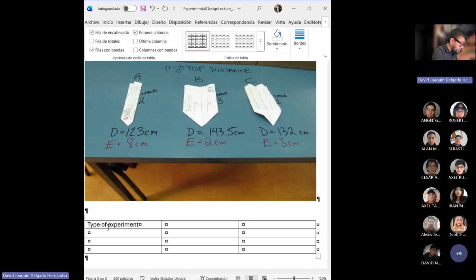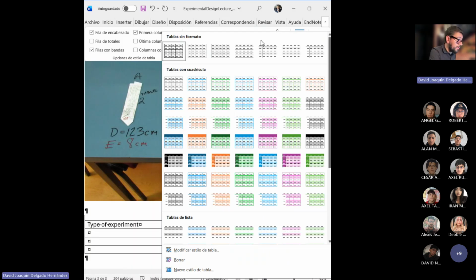Here we are going to put the airplane example. And here we are going to put the artificial intelligence. Okay. So again, let me put this format to the table.